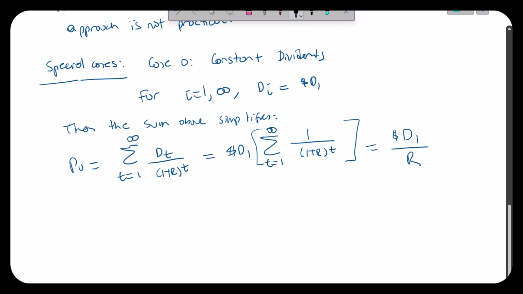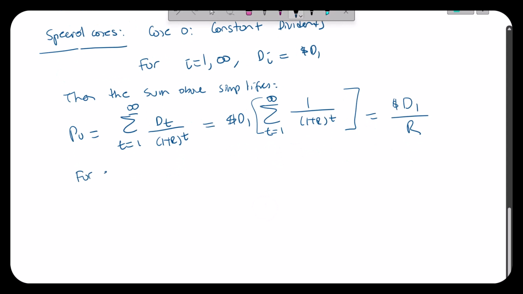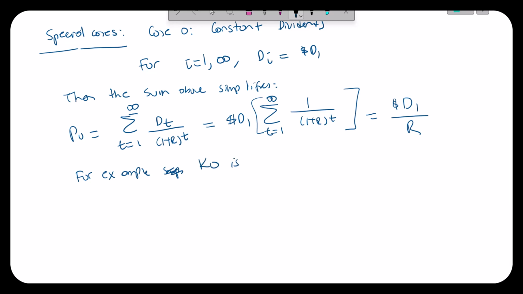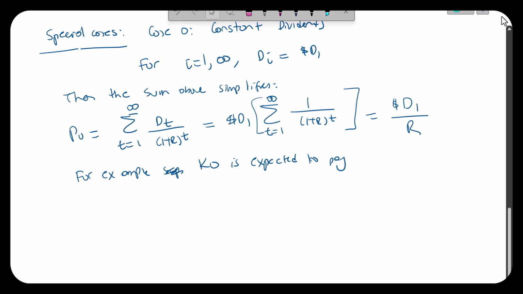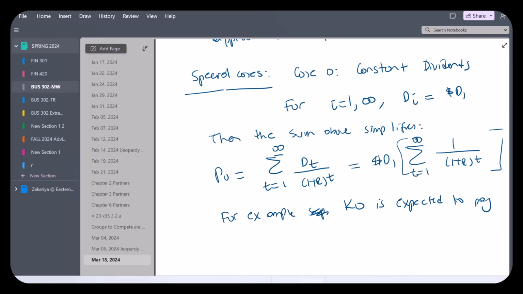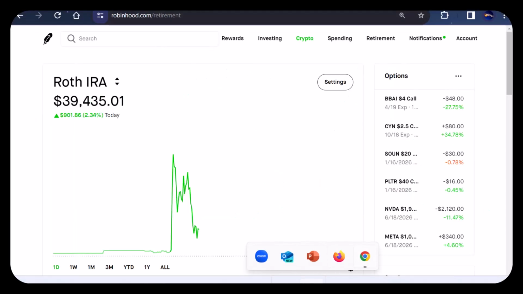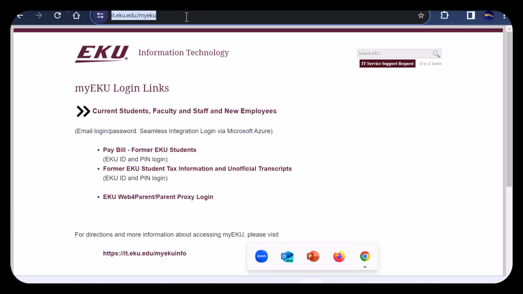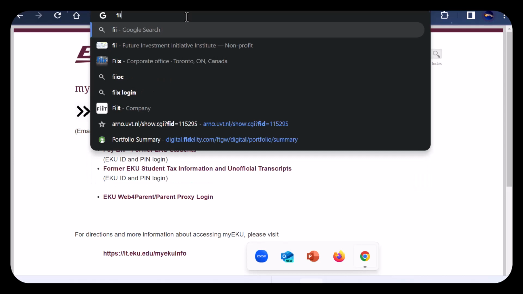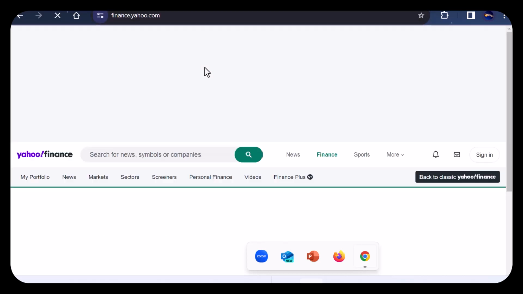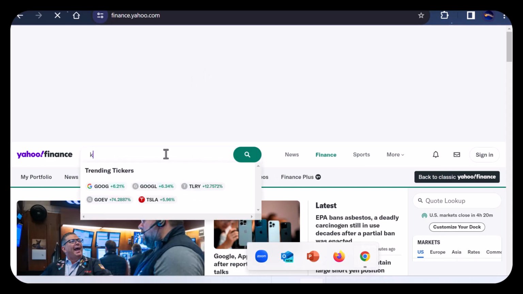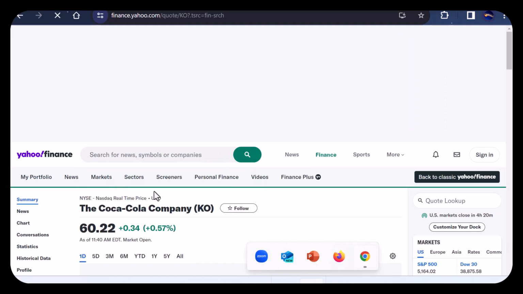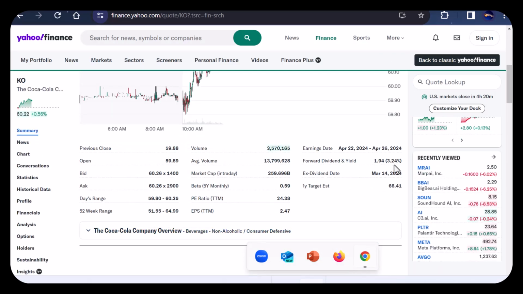For example, Coke is expected to pay, and I don't have to guess, $1.94.